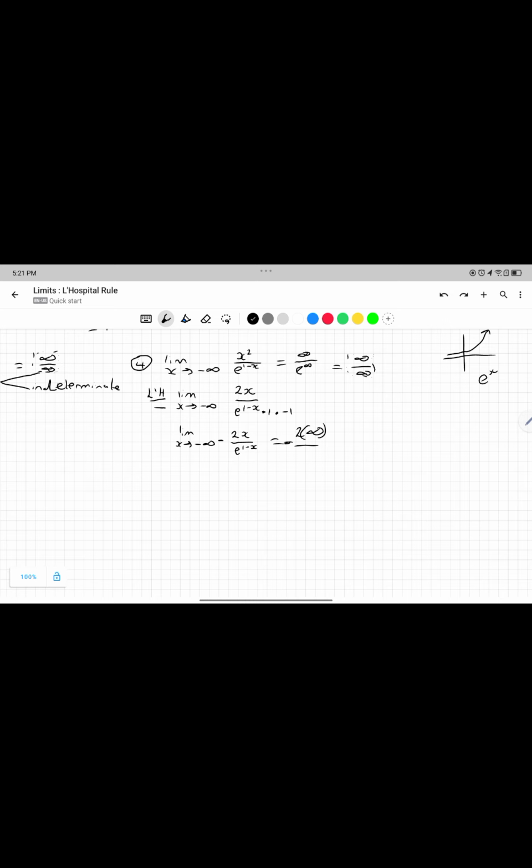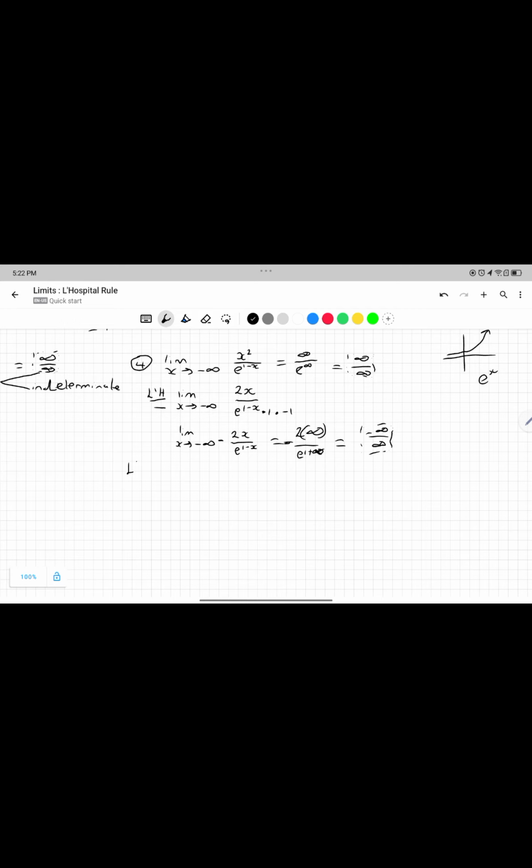It's like if a lecturer said differentiate e to the exponent of x for 5 marks, those would be easy marks. Plus, so it will be negative infinity over infinity, which is also an indeterminate.